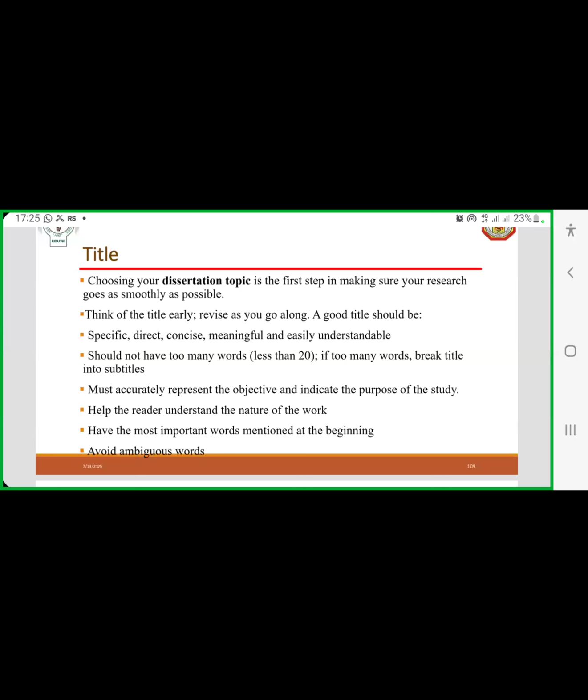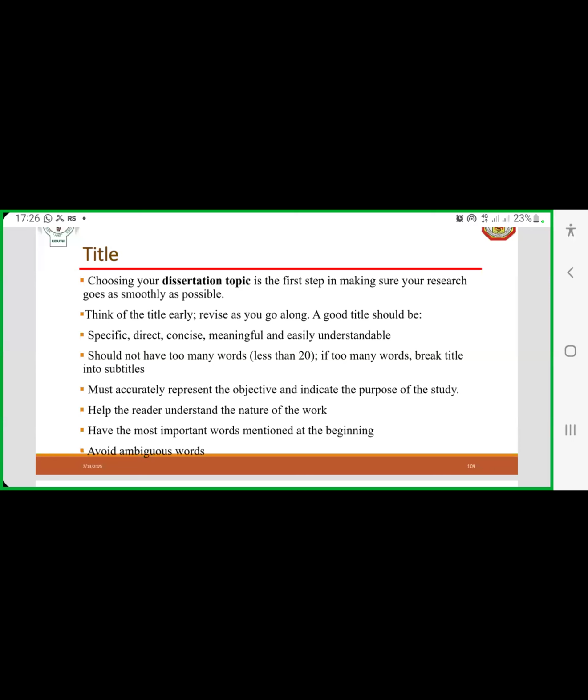Then the title should not have too many words. It should have less than 20 words. When you are bringing a title with many words, then it is no more a good title. So a good title should have less than 20 words in it.